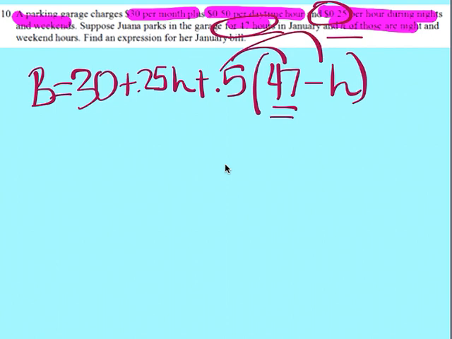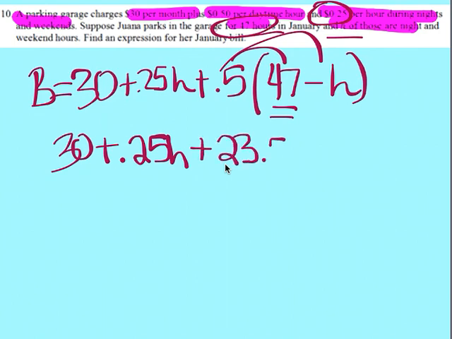So now we're going to take that 0.5 and distribute it in. I have 30 plus 0.25H, and then 47 times 0.5 is going to give me 23.5, and 0.5 times the negative H is going to give me negative 0.5H. So now I need to combine these two, 0.25H minus 0.5H.